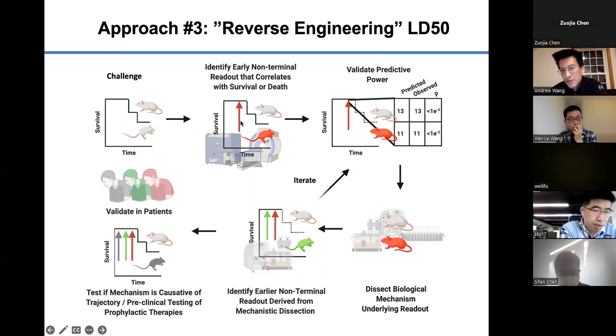Of course, these things would have to be done non-terminally, so things that we could measure without sacrificing the animal. And then once we found them, validate their predictive power, figure out what the biology was that was driving whatever parameter it is that we found, and then work backwards and see how far back we can go in terms of when mice diverged in their disease courses.